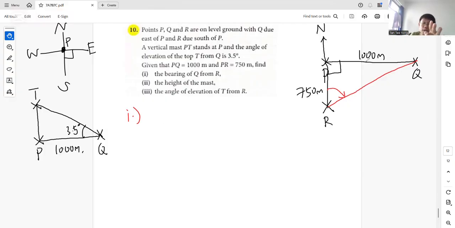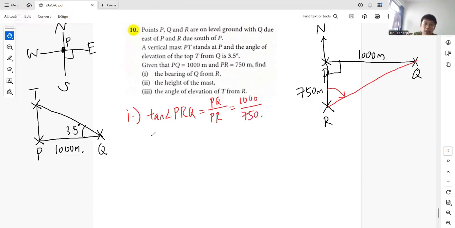So opposite over adjacent. So tangent angle PRQ equals opposite over adjacent, right? Opposite is PQ over PR, which equals 1,000 over 750.